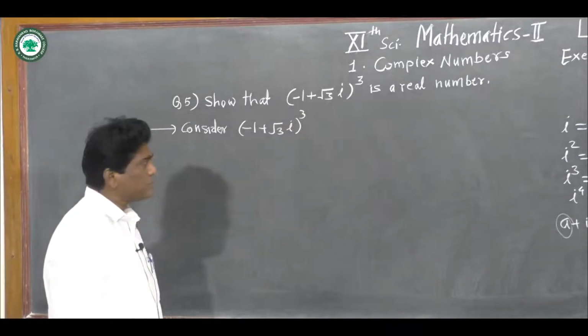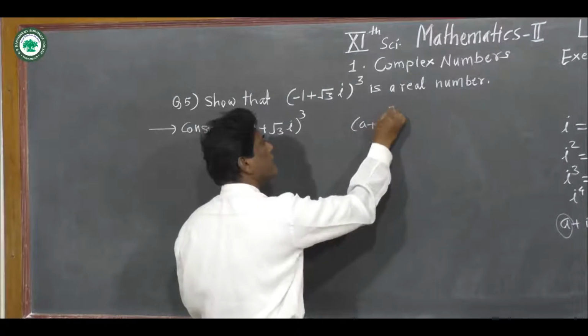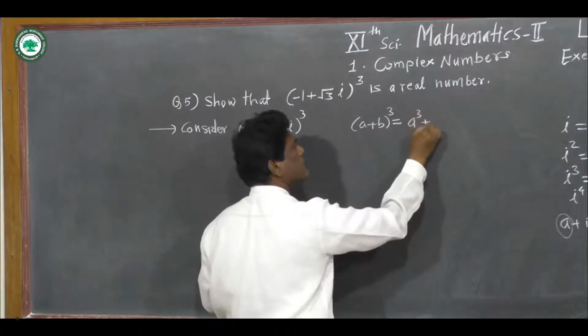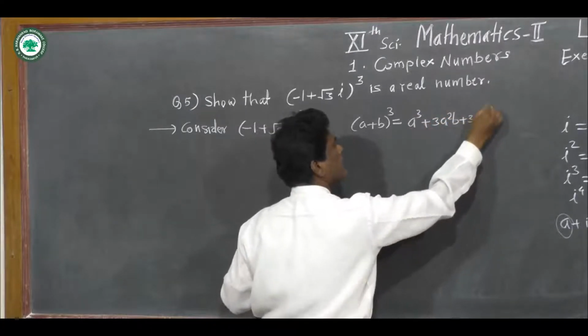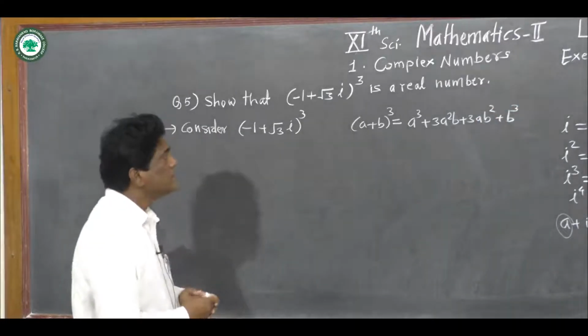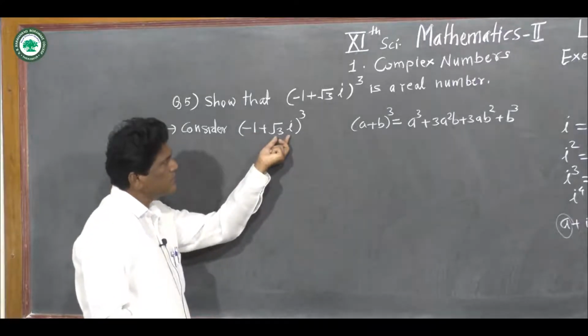Now here we have to use the formula (a plus b) whole cube. We know this formula. This is equal to a cube plus 3a square b plus 3ab square plus b cube. We have learned this formula in school. And now here we take a as minus 1 and b as root 3i.